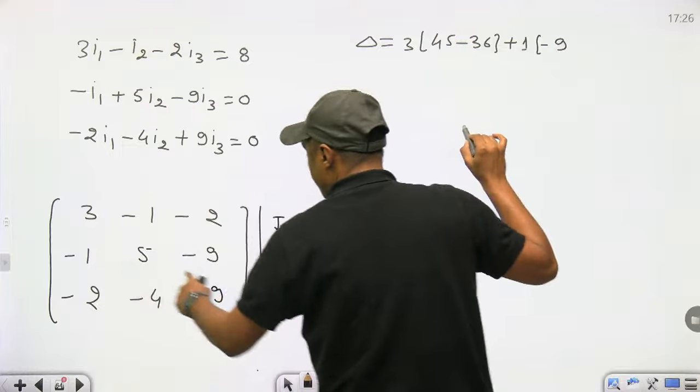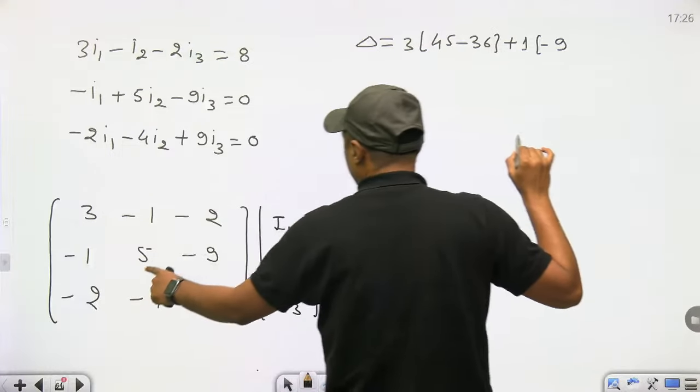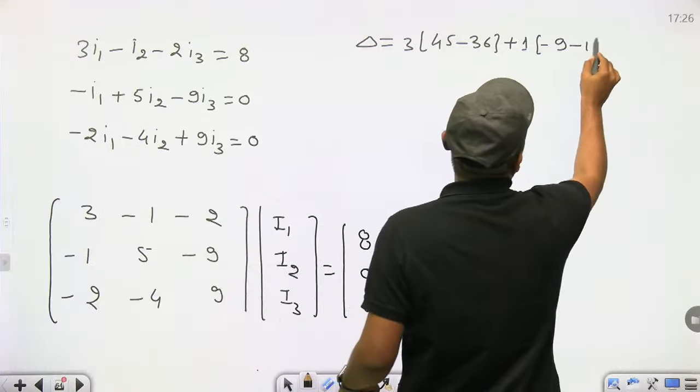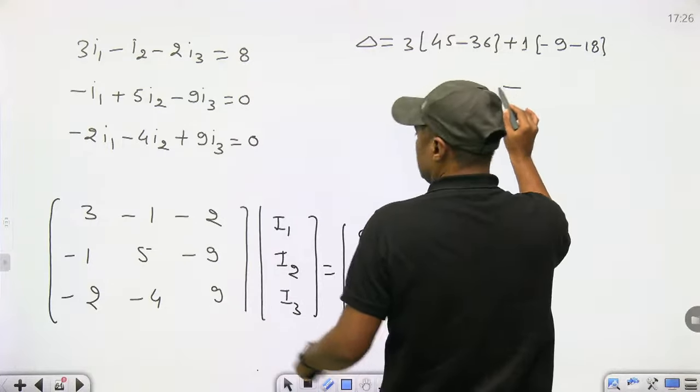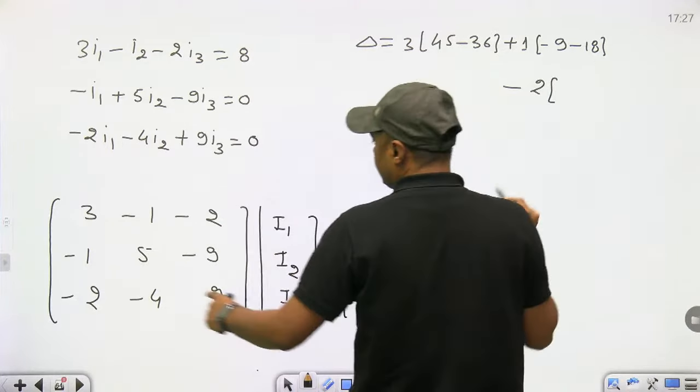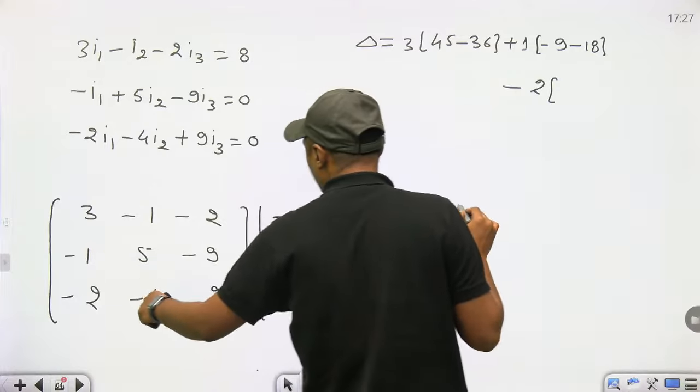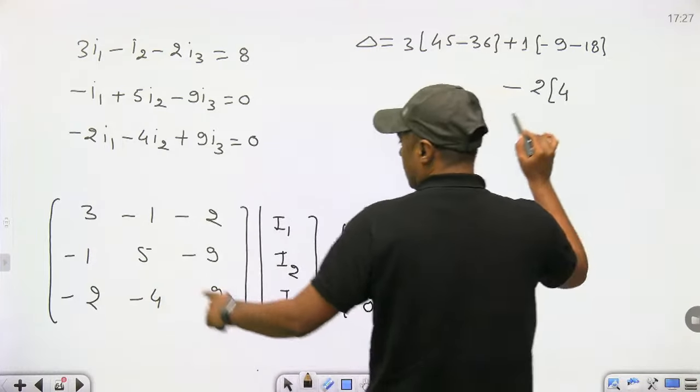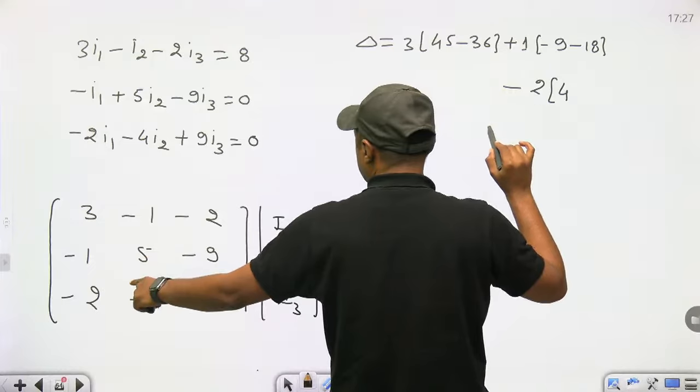This is minus 9. 9 into 2, 18, plus minus 18. Then it is minus 2. I am just finding the determinant of this. 1 into 4, 4. And 5 into minus 2, that is minus 10. It will become plus 10.